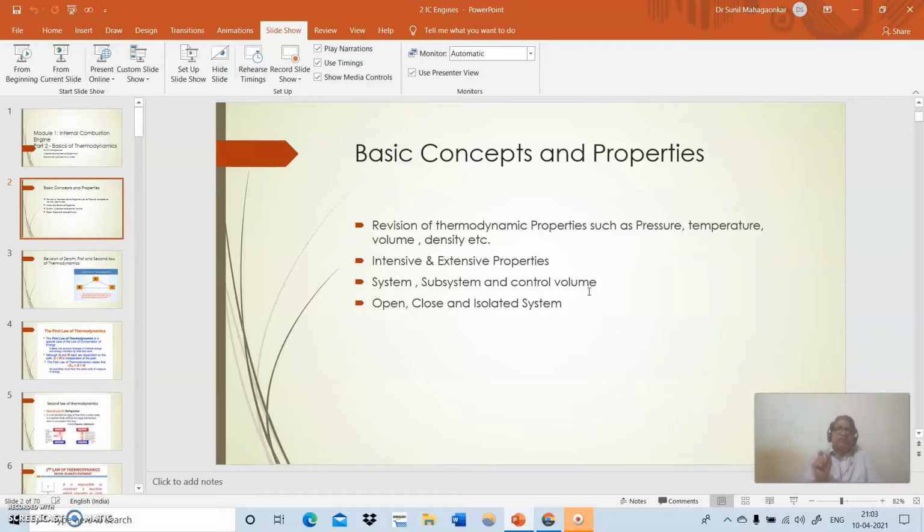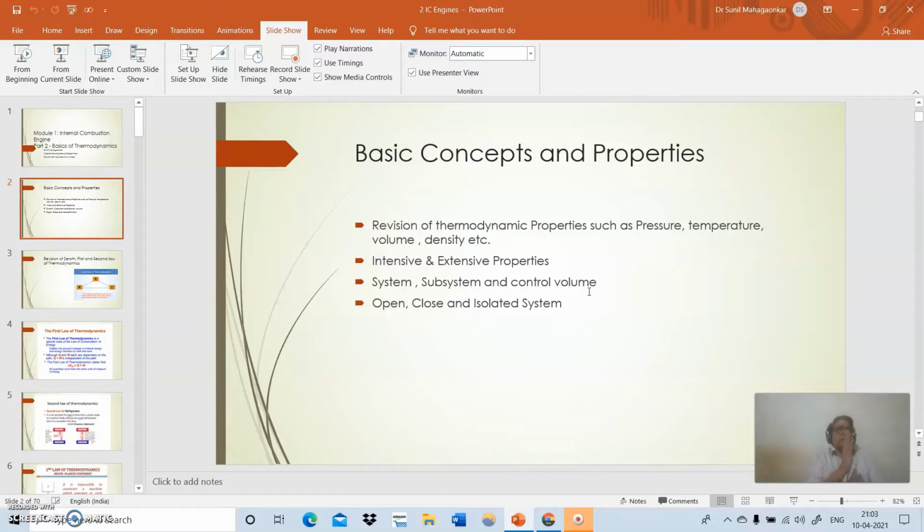Similarly, as another example, let us take density. What is density? Density is mass per unit volume, kg per meter cube. Here it depends upon the mass, but it is per unit volume. Hence we can say density is a property of a system that does not depend upon the mass.